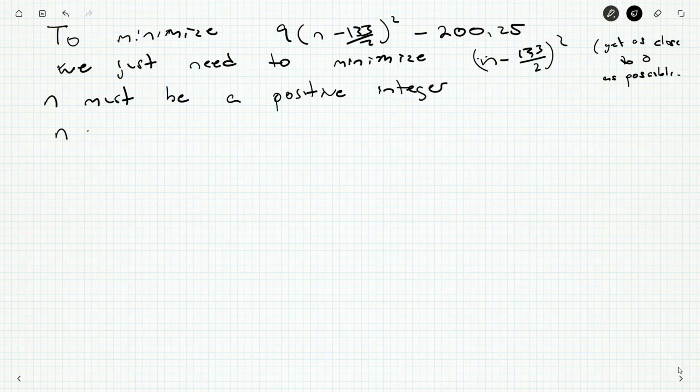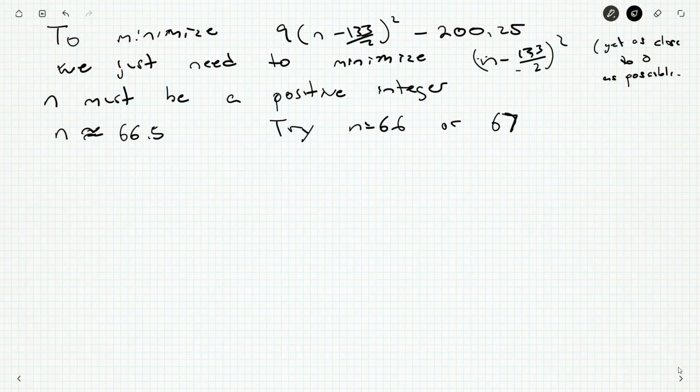So 133 over 2 is 66.5. So we want n to approximately be 66.5. So we could try n equals 66 or n equals 67.